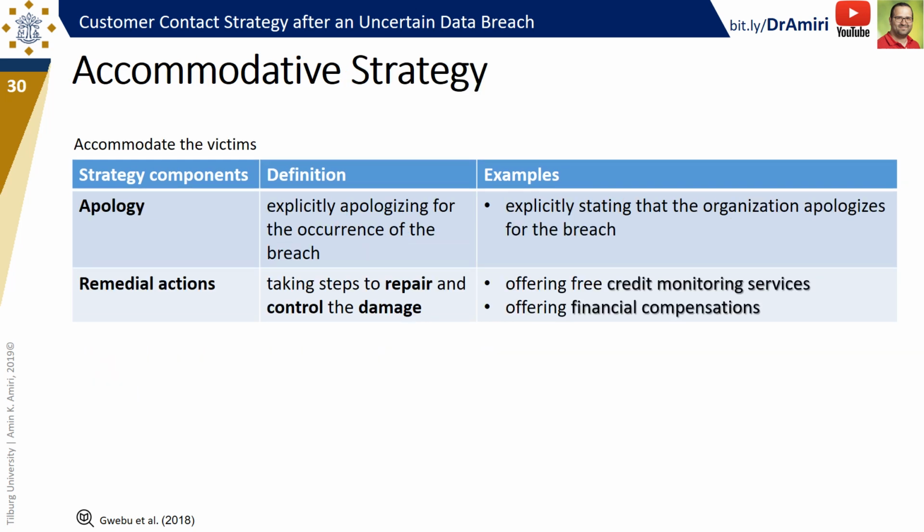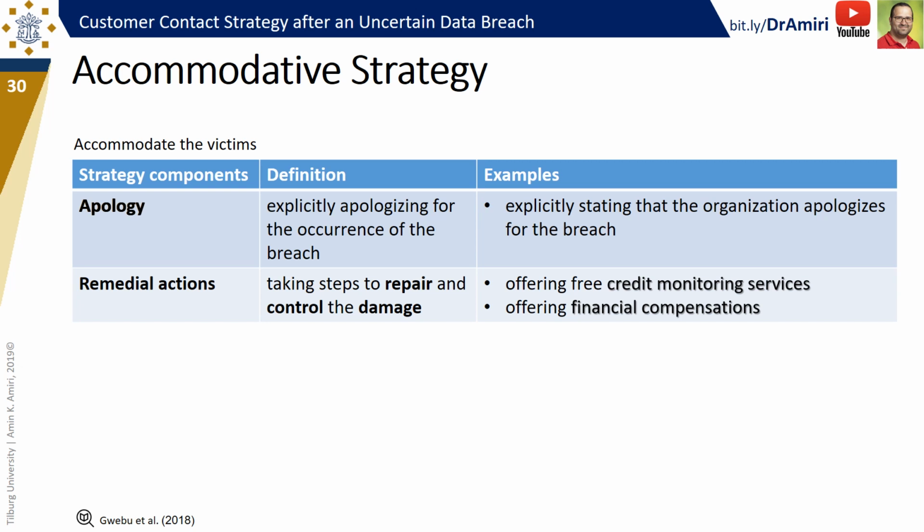The second customer contact strategy is the accommodative strategy, where you try to make things easier for the customer going through the trouble that you caused for them because of the data breach. You can go for apologizing to the customer, at least psychologically making it easier for the customer, which is way better than being defensive and saying that nothing happened, it wasn't our fault.